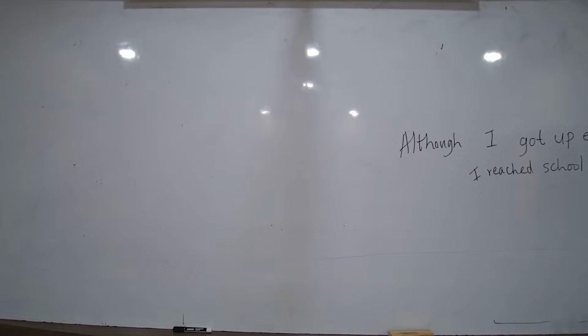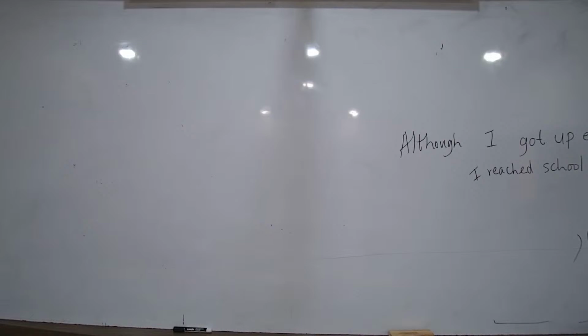So now what is the definition of a clause? A dependent clause or subordinate clause needs some support. A dependent clause needs another sentence to make complete sense. So remember this one.